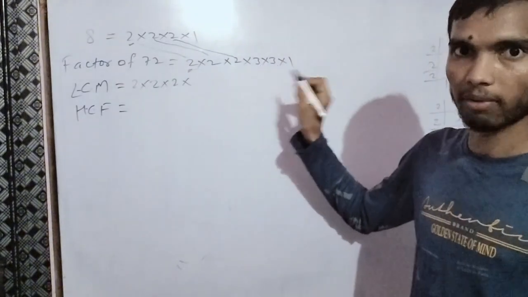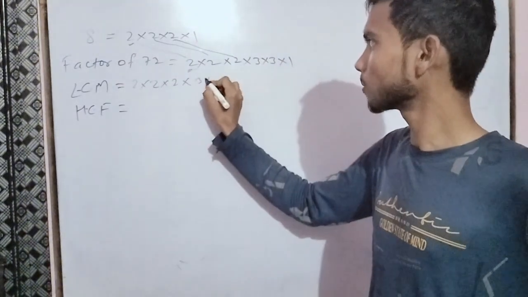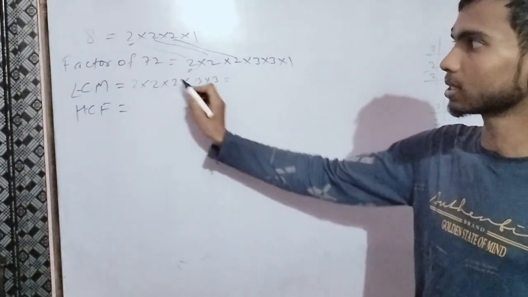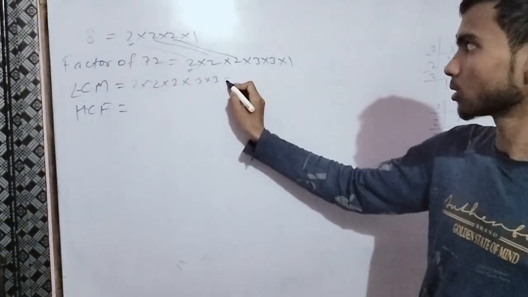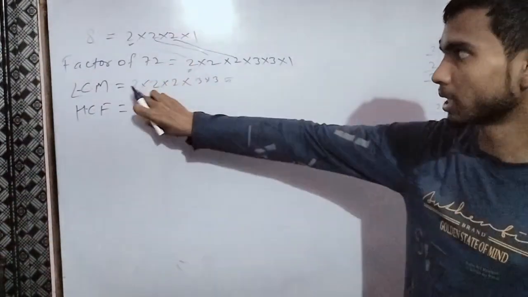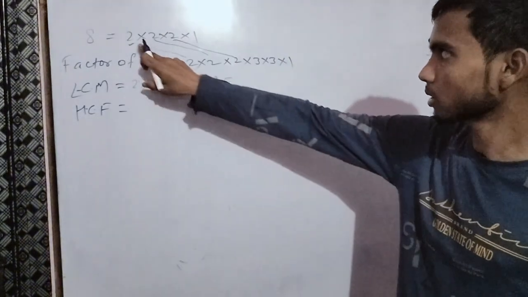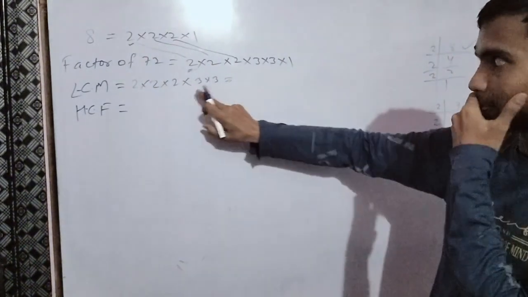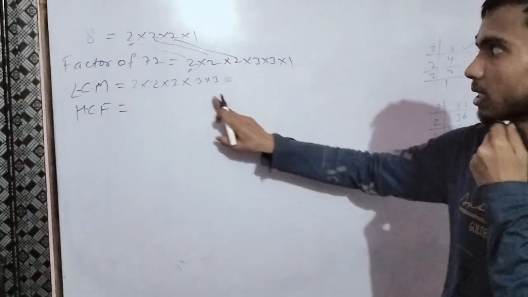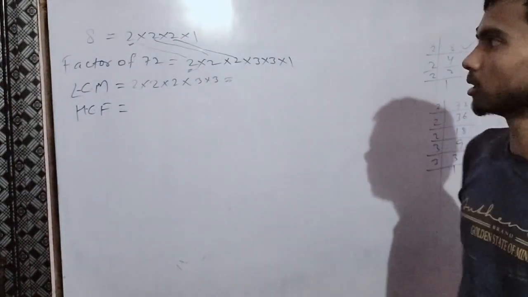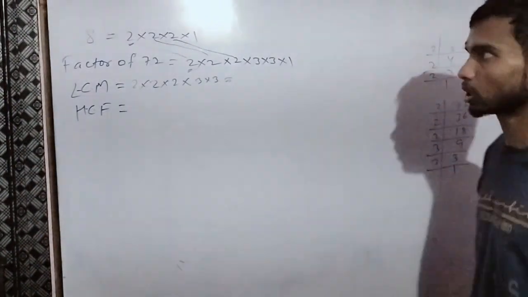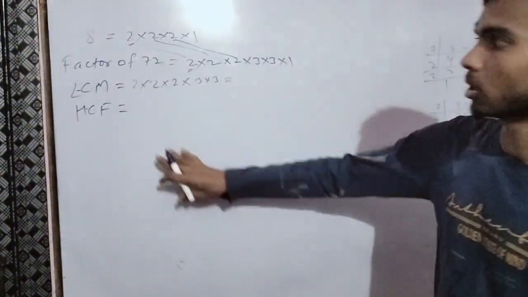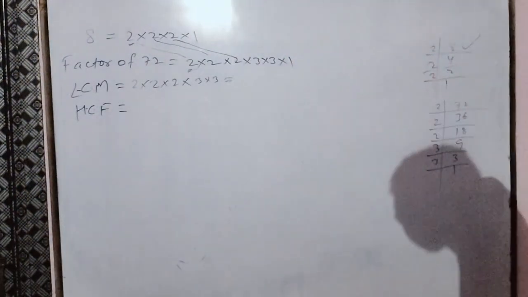And whatever we have there, 3 multiplied by 3. After multiplying all this, it will be the LCM. So common you will take 1 time. This is common, we have taken 1 time. This is common, we have taken 1 time. Now whatever is left, we will write. Now in the case of HCF, what will happen?